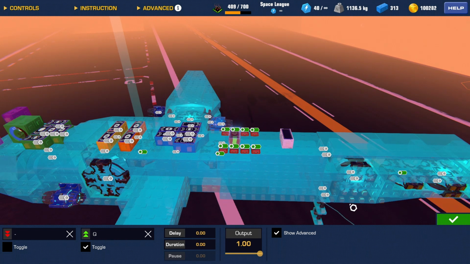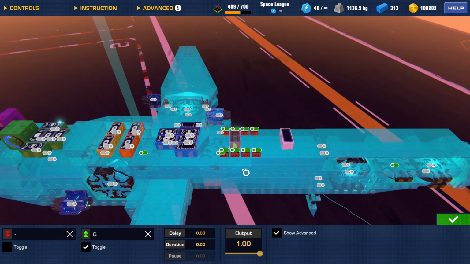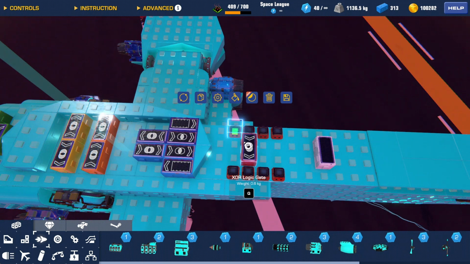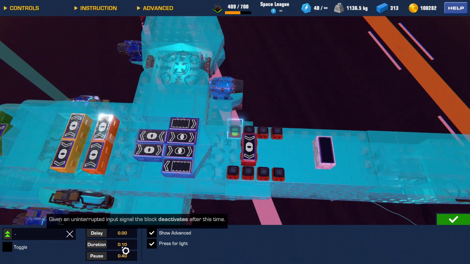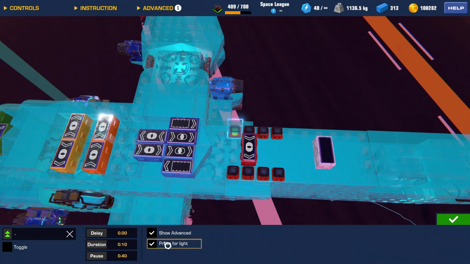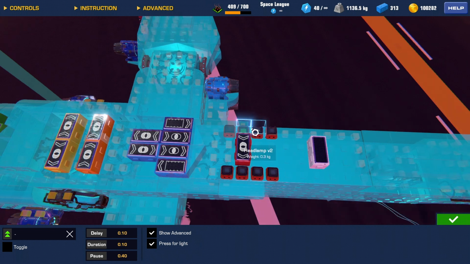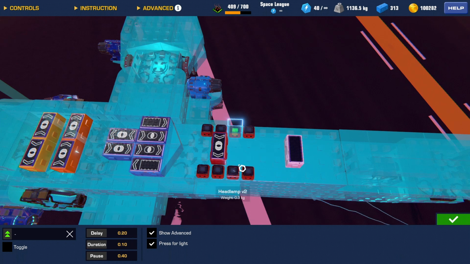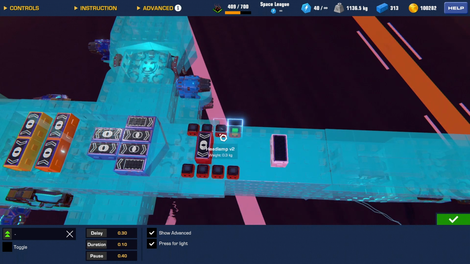In order to know that I have deactivated them, I have these lights that are also activated. Every single one of them has a duration of 0.1 and a pause of 0.4. And then incrementally, they have a delay that goes up by 0.1 every step. This gives an effect as such.